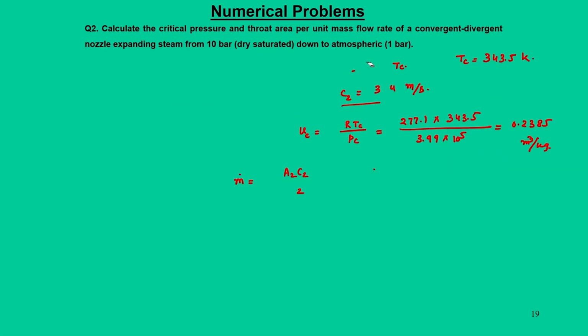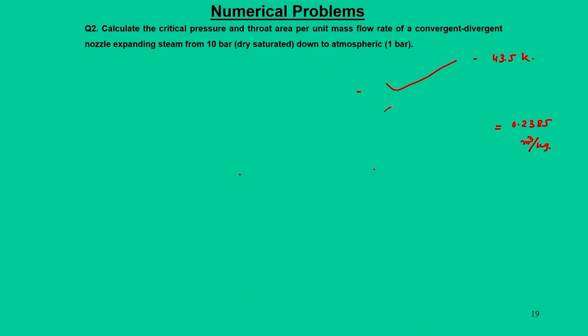So, in the last problem we talk about a steam nozzle problem, which says that in a steam nozzle the flow expands in a convergent divergent nozzle from a condition which is 10 bar dry saturated, and it expands to a location where it is atmospheric, which is 1 bar.